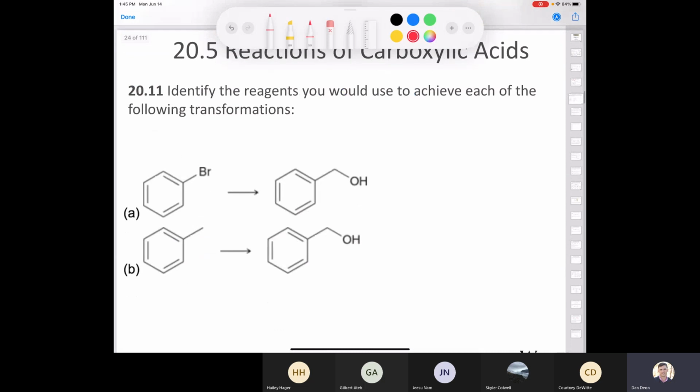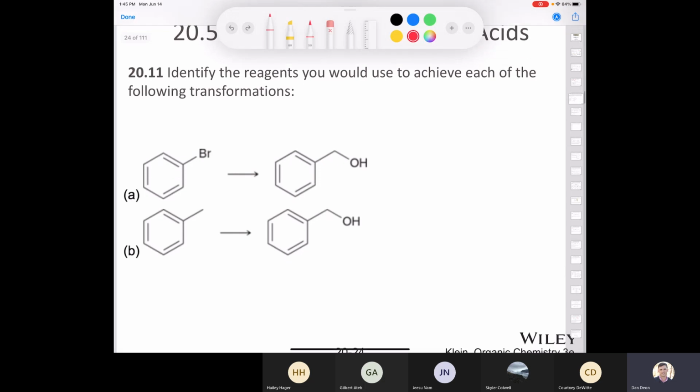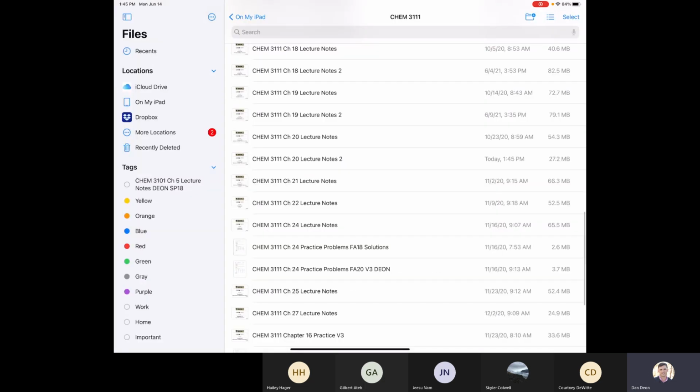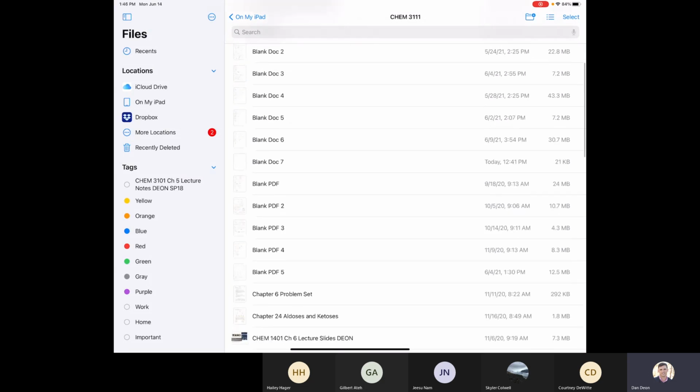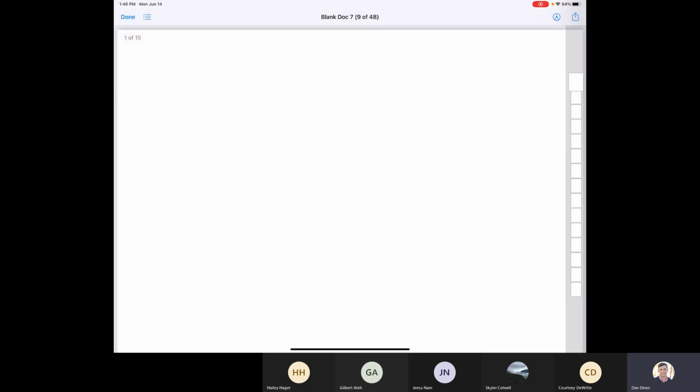So it says here, identify the reagents that you would use to achieve each of the following transformations. We're starting with bromobenzene, and we want to convert it into this compound that you would call benzyl alcohol. Well, let's take a look here. I'm going to switch over to a blank document here just to make sure I have enough space.